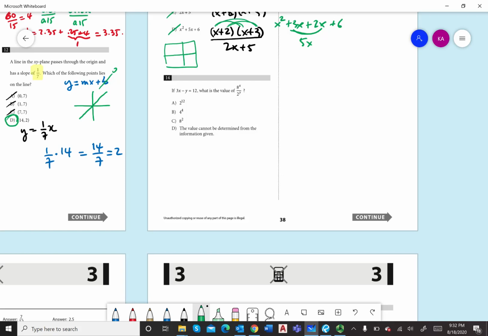Okay, so when you have exponential expressions, one way to manipulate them is to have the same base.